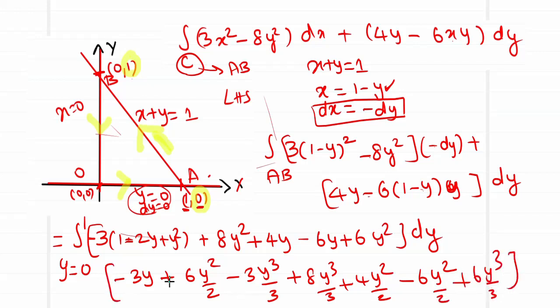The limit to be applied is between 0 to 1. Apply the upper limit 1, and the lower limit will automatically become equal to 0.